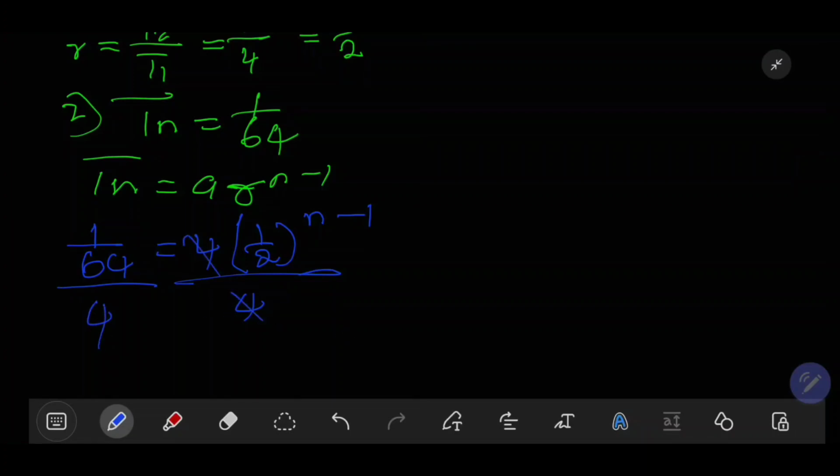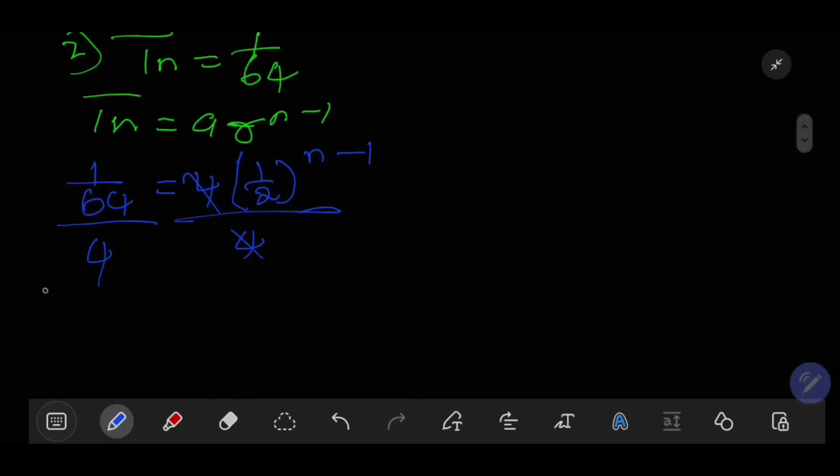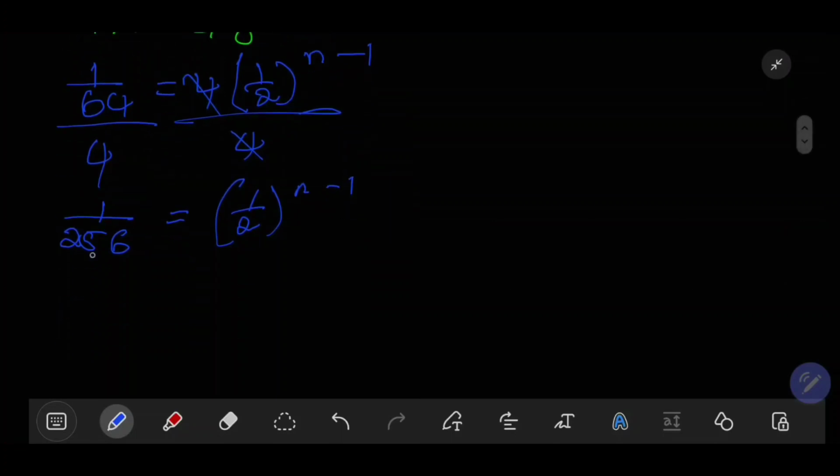When you work this out on your calculator, you will get that this is 1 over 256, which is equal to half exponent n minus 1. So we can change this to exponential form. It means we're going to have 256 to the power minus 1.